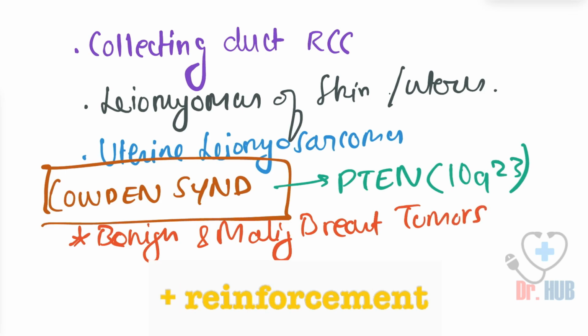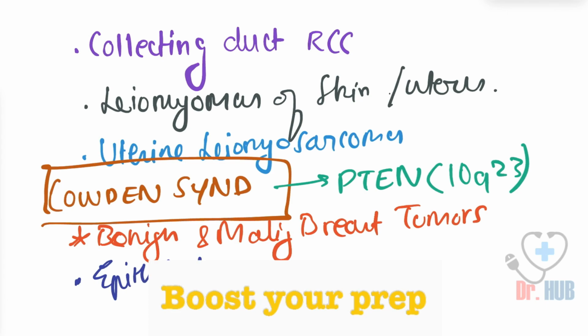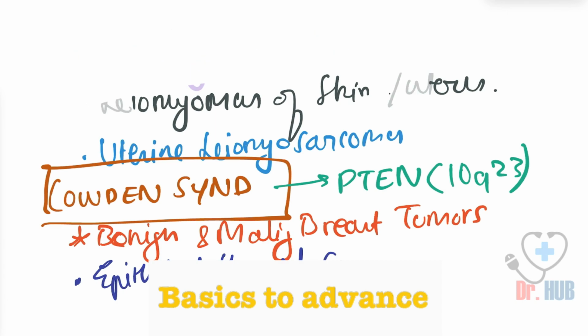Then there is also the epithelial thyroid carcinoma. And next we also have the papillary renal cell carcinoma, or the histological subtypes.